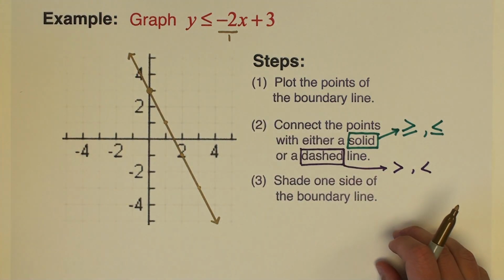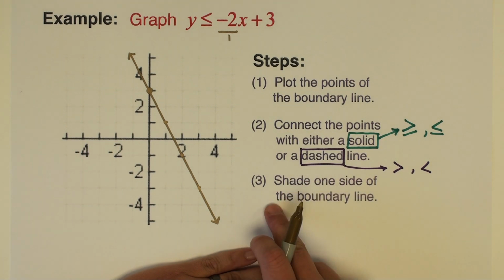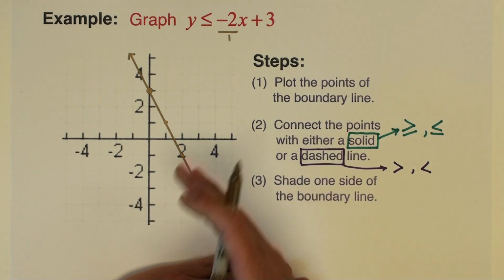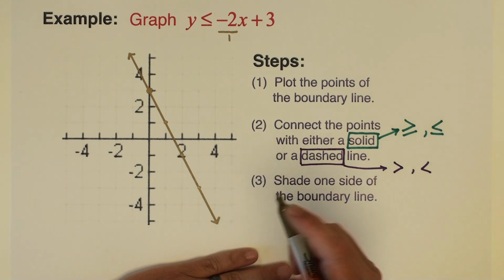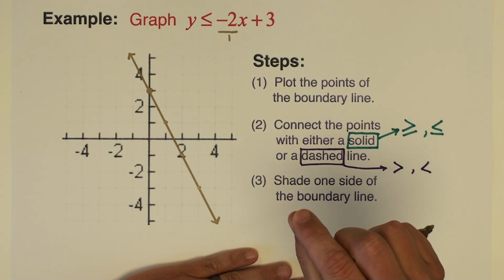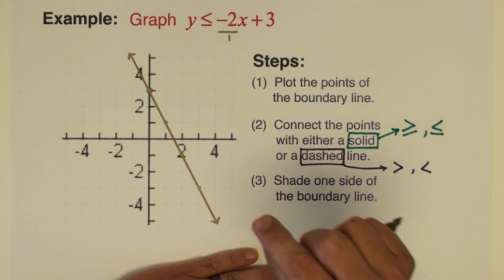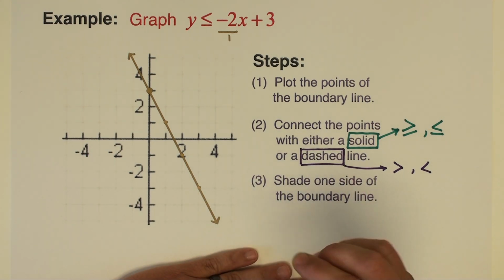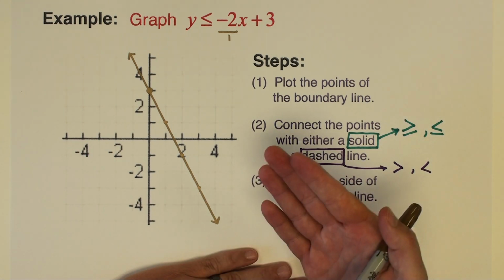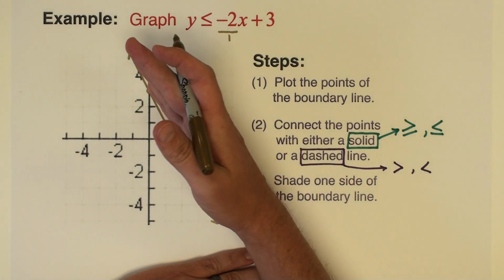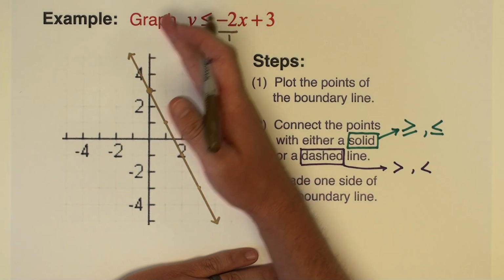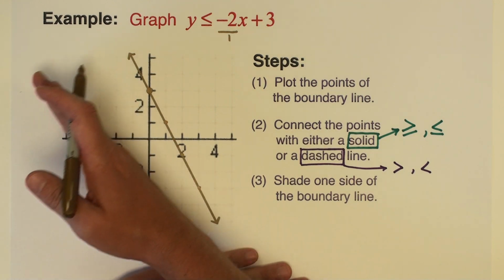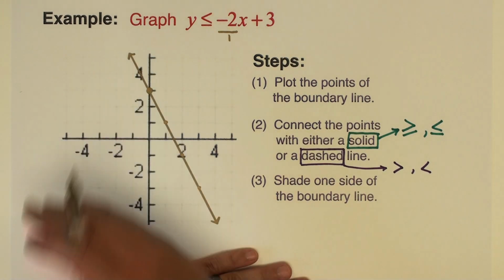Now, after we've connected the points, we have to shade one side of our line. Just like on a number line, after we do our open or closed circle, we would then shade to the right or to the left of that point. This is the same exact thing. We need to shade either above or to the right of this line, or below or to the left of this line.